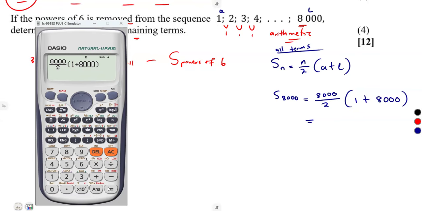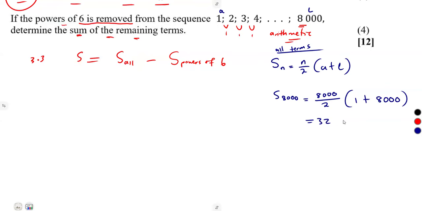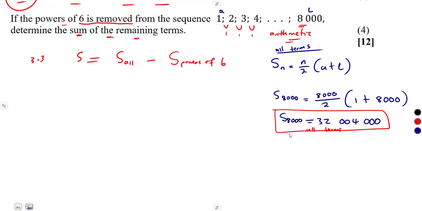All right. And this is going to give us 32 million and 4,000. All right, 32 million and 4,000, like this. Okay. So this is the sum of all terms, 8,000 of them combined. All of them here, they are combined. This is the sum of all terms. Okay.